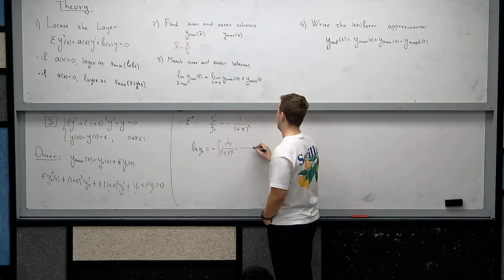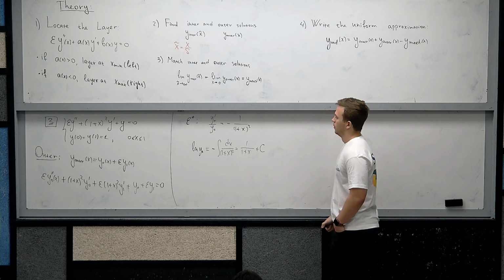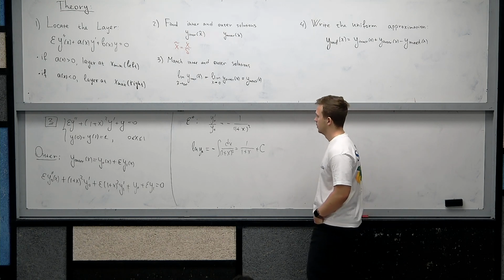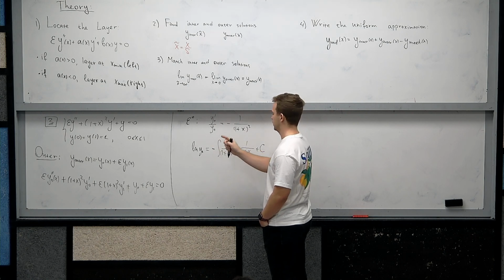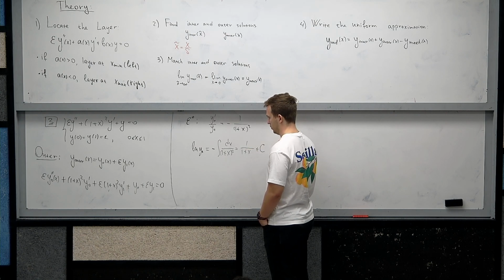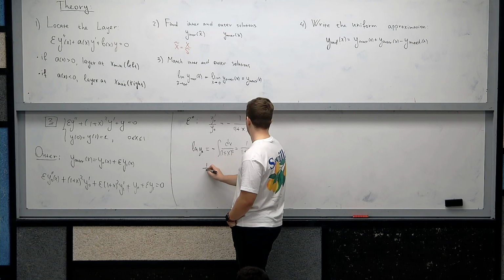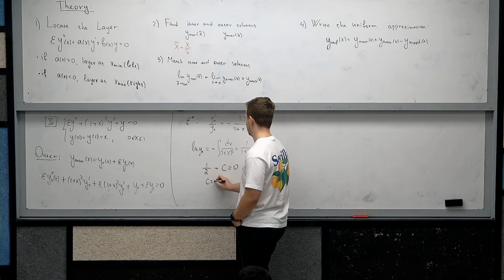And that would be 1 over 1 plus x plus c. Okay, now let's find c. So then x equals 1. This sum should be equal to 0. So therefore 1 divided by 2 plus c equals 0, and c is minus 1/2.